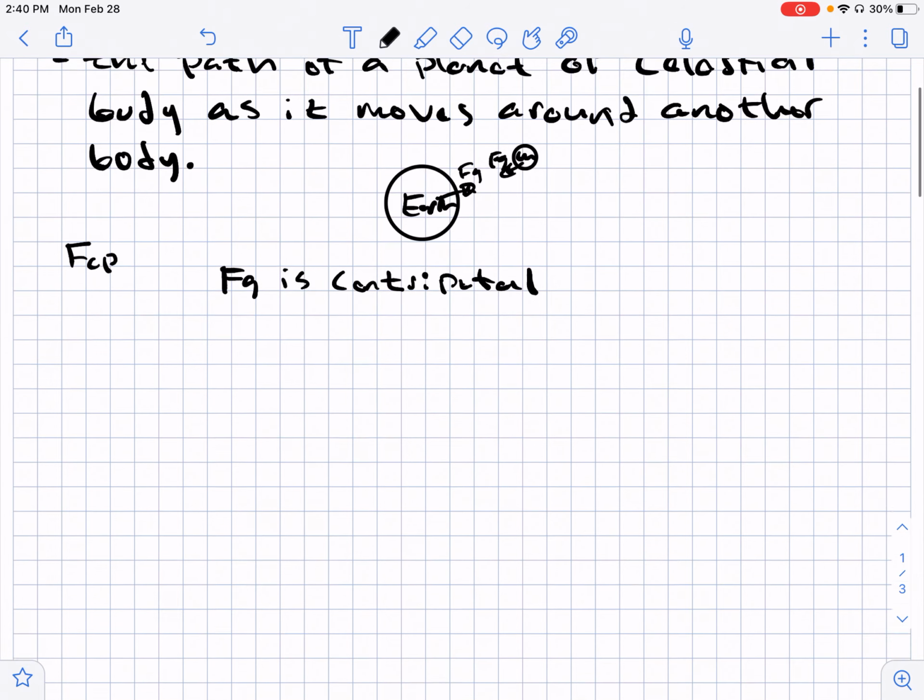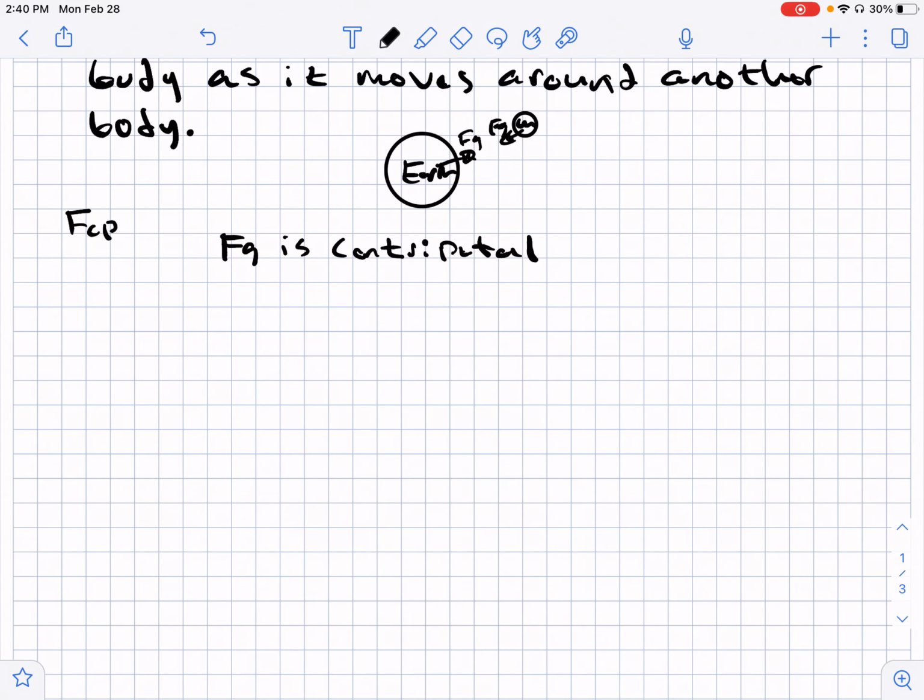And previously, we talked about our new equation for universal law of gravitation. It's equal to G m1 m2 divided by the distance squared. And we also discussed how a centripetal force is equal to mv squared over r.